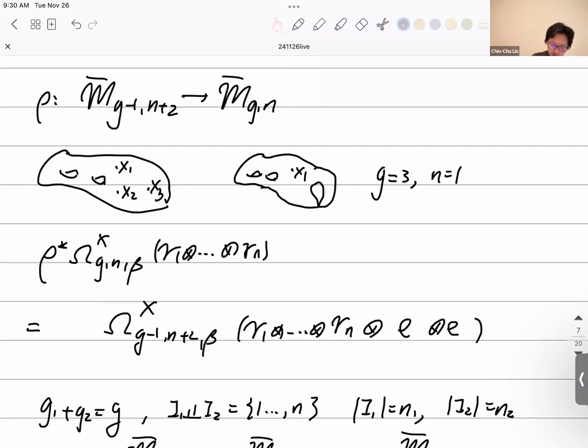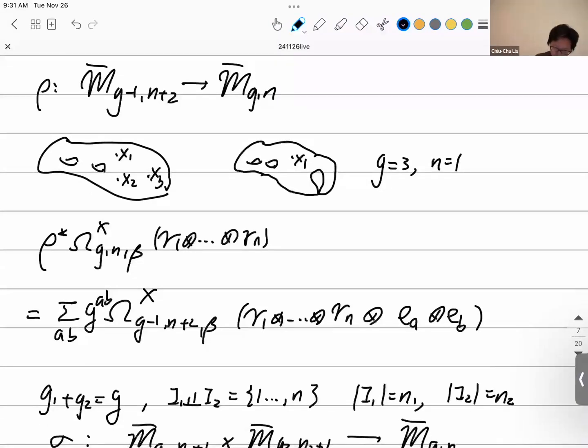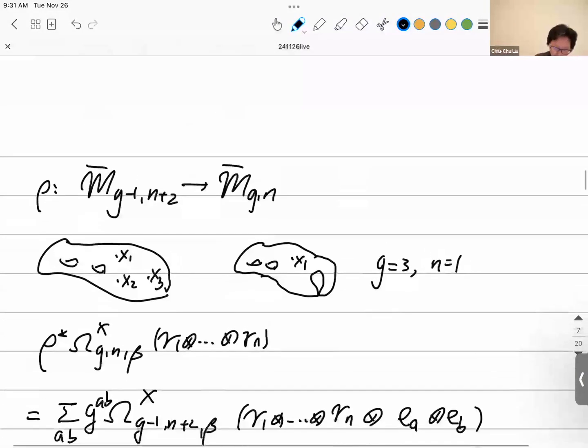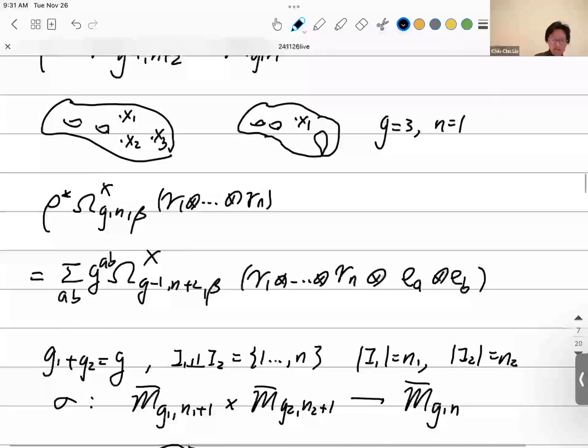Then this says that if you pull back the Gromov-Witten class from M bar g,n with input gamma 1 to gamma n, it is equal to this. So the pullback to M bar g minus 1, n plus 2 is given by this formula.